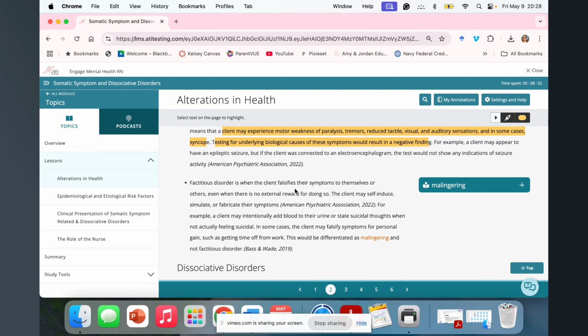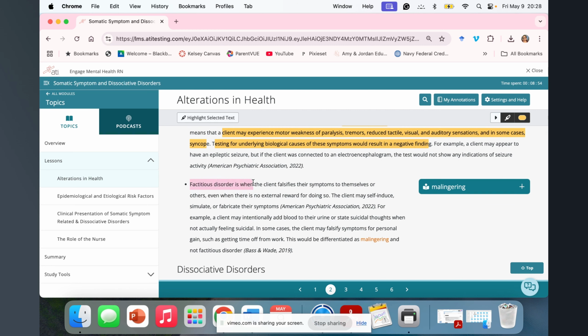So, all right. And then we have factitious disorder. So this is when the client falsifies their symptoms to themselves or others, even when there is no external reward in doing so. Okay. So factitious disorder, I'm trying to think.